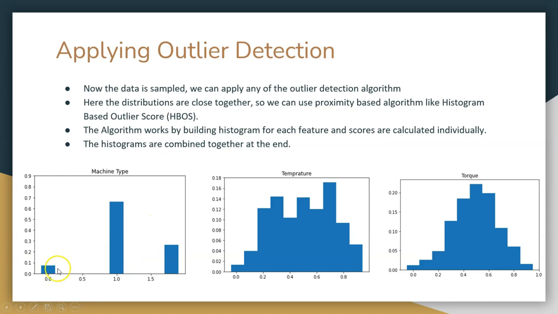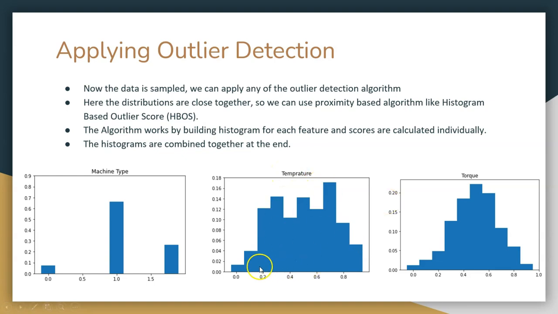So there are 3 bins, and the height of the bin is this much, and the height of this bin is this much, and the height of this bin is this much. So the information pertaining to the number of bins and the height of each bin is also used while arriving at the individual score, which is then consolidated and we find the outliers. That's how the histogram based outlier detection works.